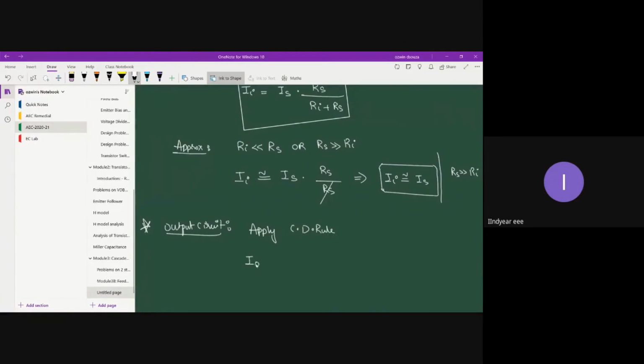I0 is equal to the source current, which is Ai times Ii, into the resistance of the opposite branch, which is R0, divided by R0 plus RL. So this is your exact expression.